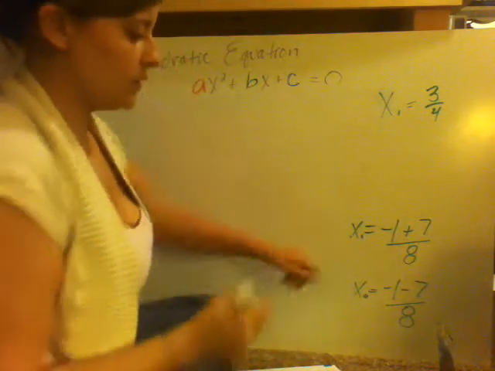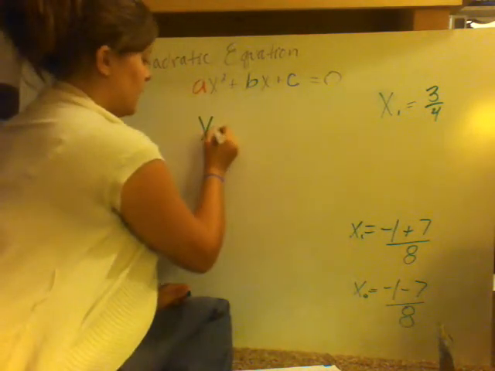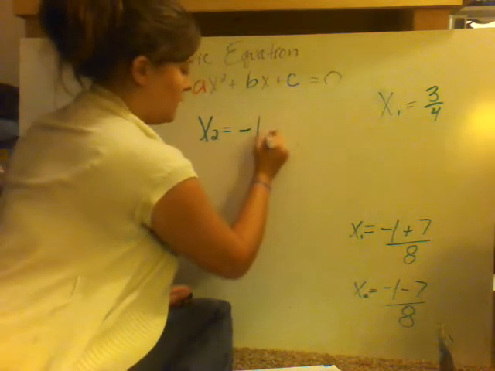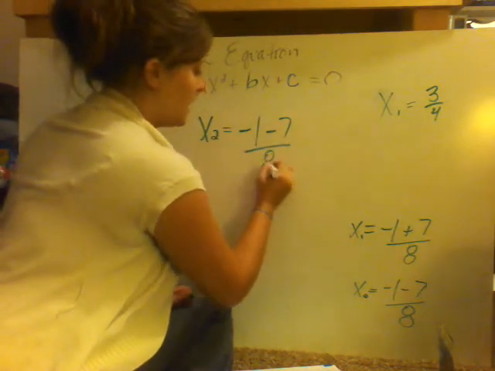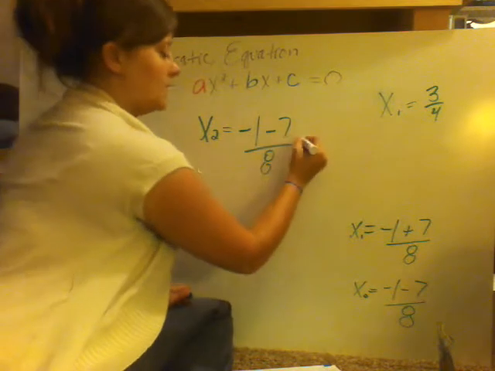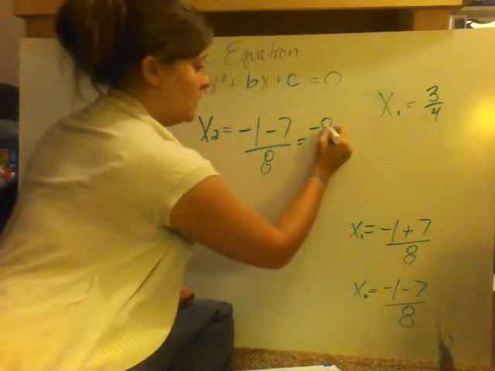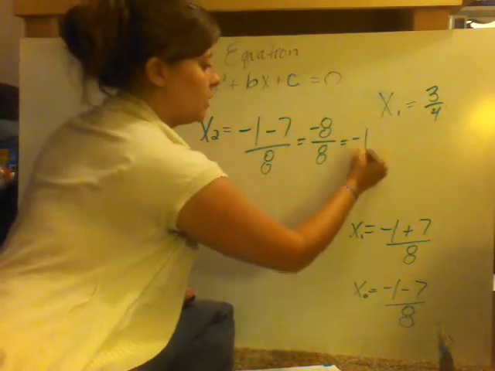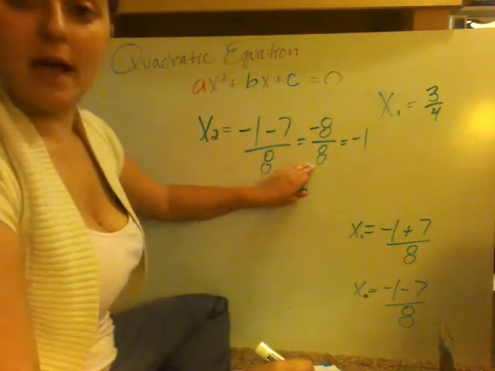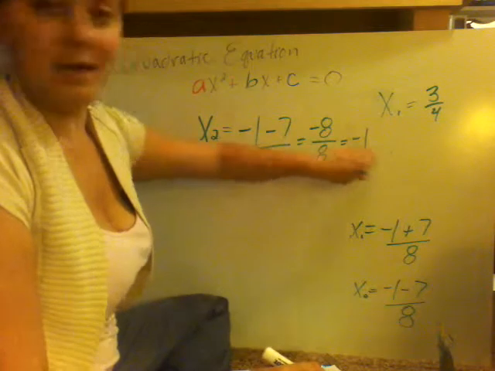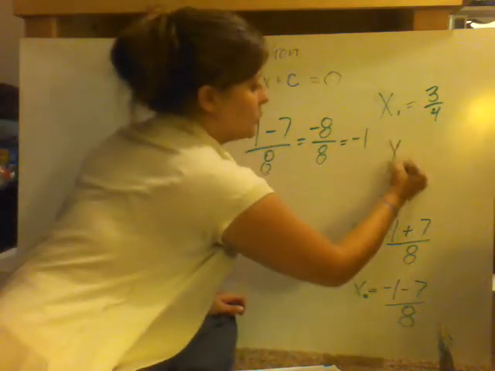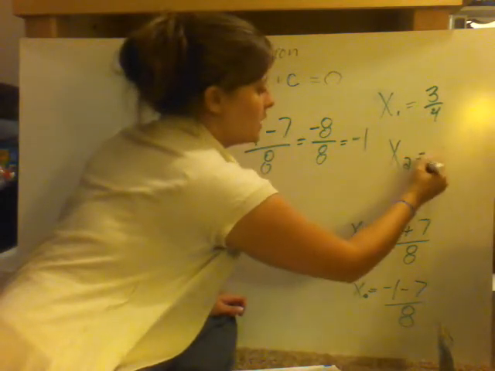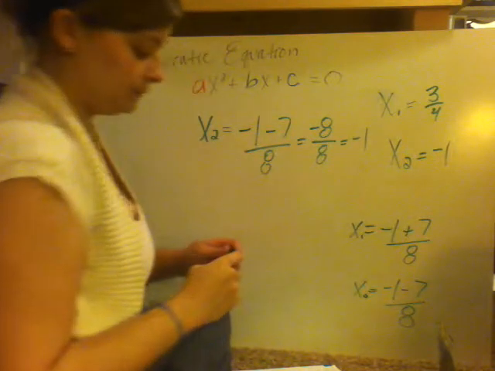So next up, I'm going to do x2. x2 is equal to -1 minus 7 divided by 8. -1 minus 7 is equal to -8 divided by 8, which is equal to -1, because 8 divided by 8 is 1, and that negative sign carries over. So then x2 is equal to -1.